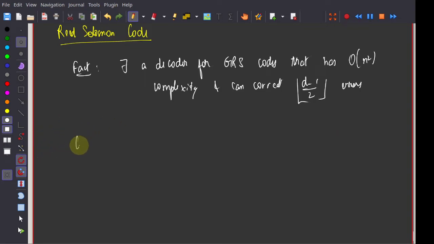So let us consider any discrete memoryless channel. For example, let us take the binary symmetric channel, although it doesn't necessarily have to be just the binary symmetric channel. It could be any DMC. Okay.